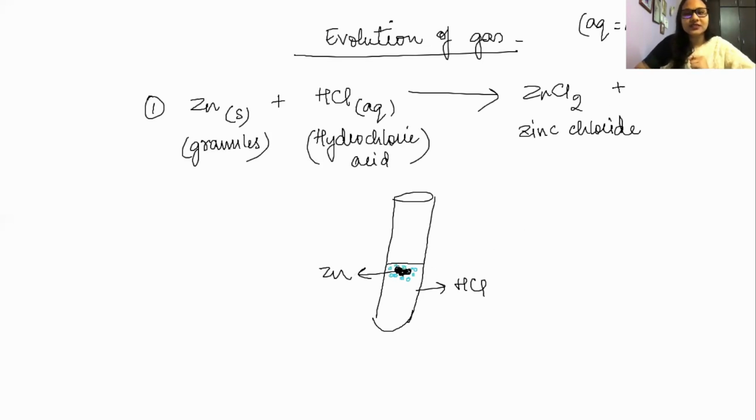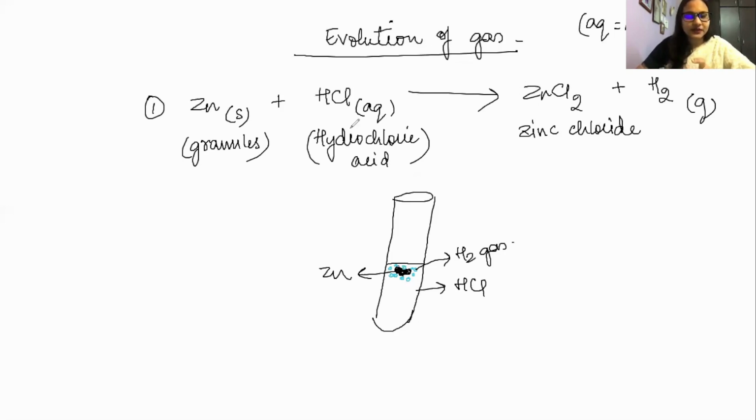Those bubbles are basically due to the formation of a certain gas, and the gas which is formed is your hydrogen gas. So at the end of the reaction, if you observe some kind of gas being formed, that indicates the characteristic evolution of gas. Zinc chloride remains dissolved in water.